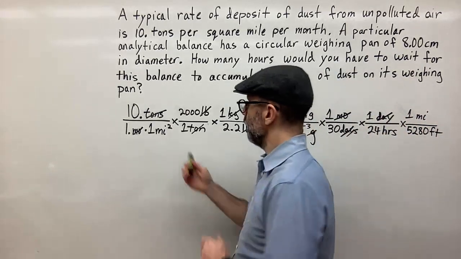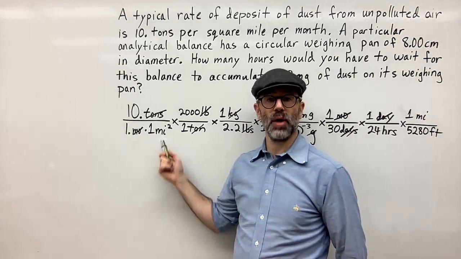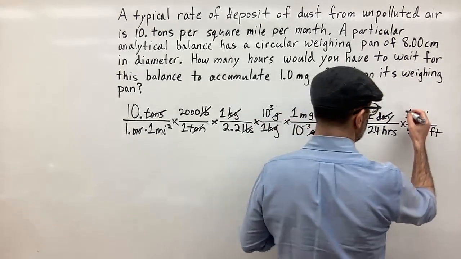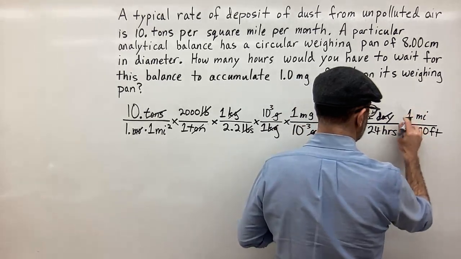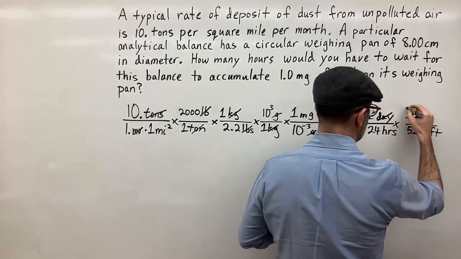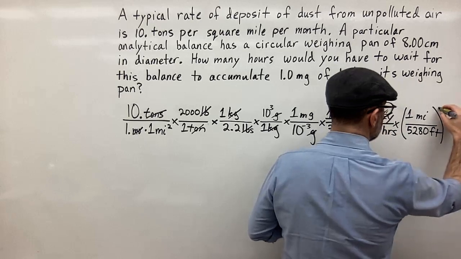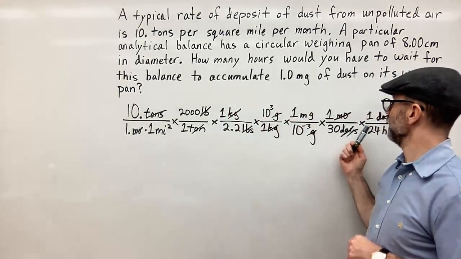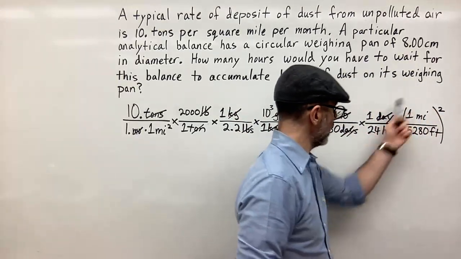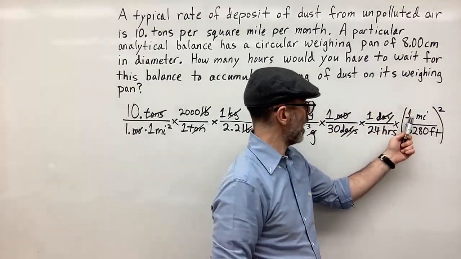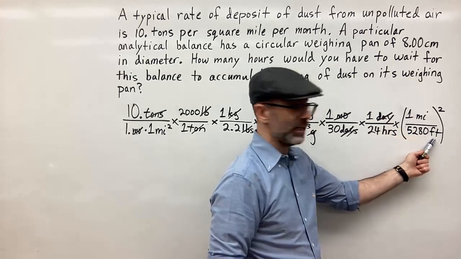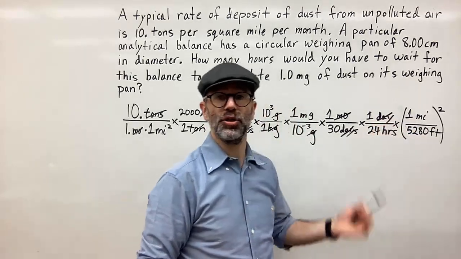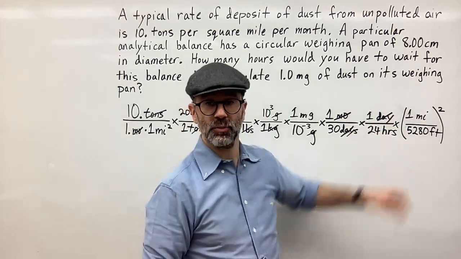Now notice this is miles squared, so I need square miles. So what I'm going to do is I'm going to square the conversion factor. So that's squared. So everything inside is squared. So I have now square miles and square feet. Also, the numbers have to be squared too when you do your calculation, but we can do that later.